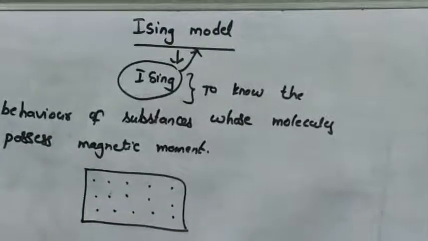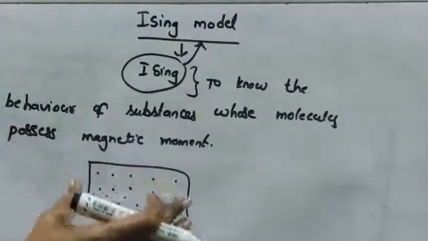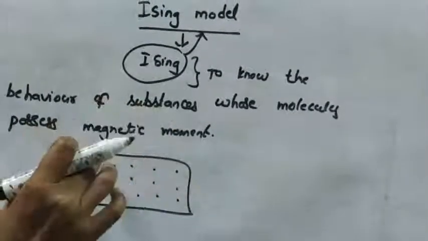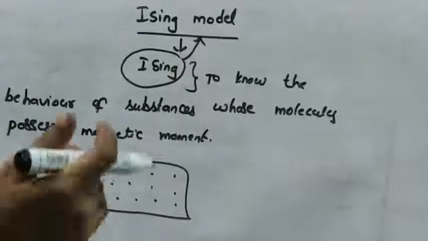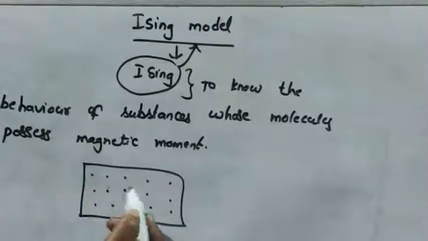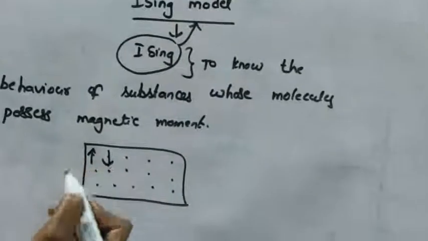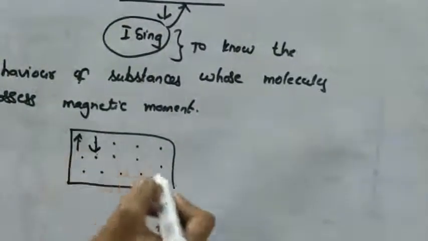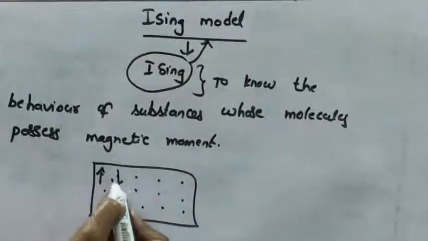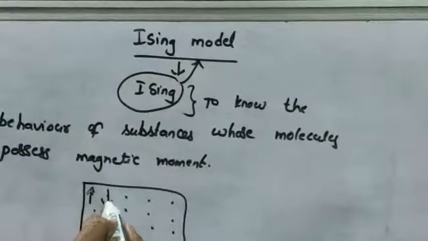Now, assume the system consists of n number of molecules which are arranged in the form of a lattice. These molecules possess spin. The spin may be either up spin or down spin. Each and every molecule in the substance possesses spin. Up spin is denoted by this arrow mark and down spin is denoted by this.